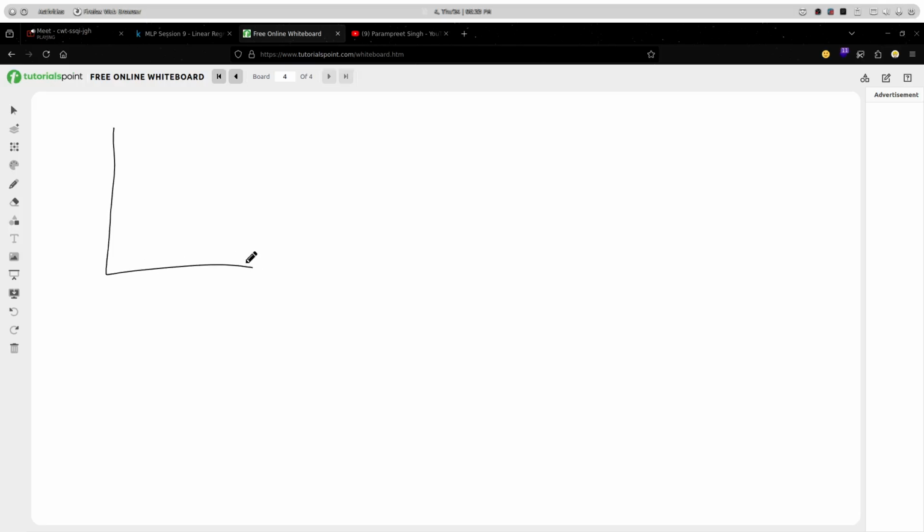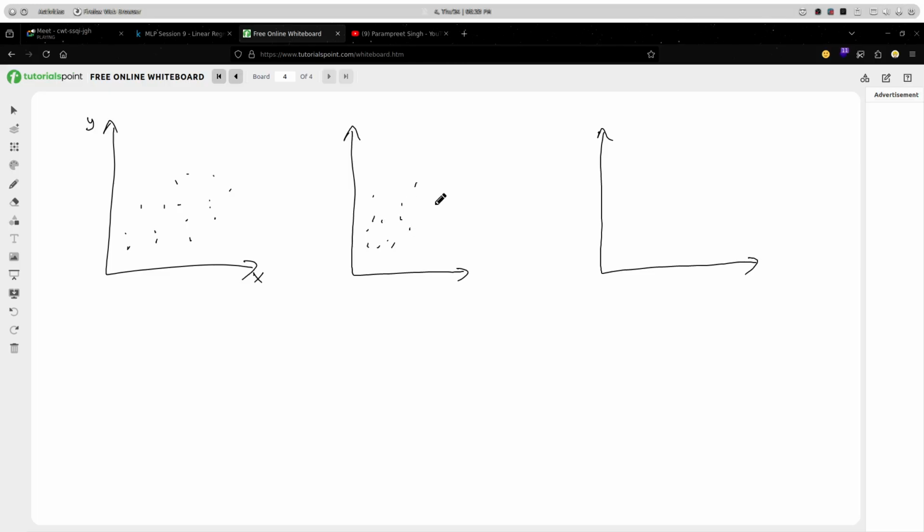Let's suppose we have the same dataset: y here, x here, and some points here. I am plotting the same thing here as well, and the data is the same on all three plots.